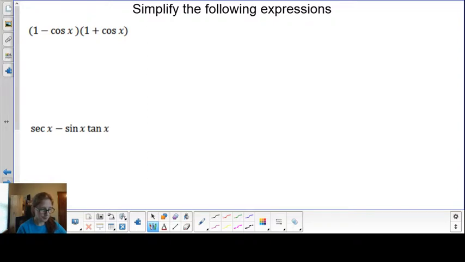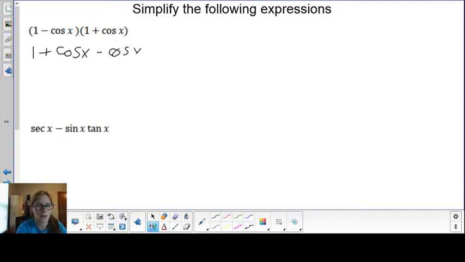Moving forward, we're going to go ahead and simplify the following expressions. So, yes, unfortunately we are going to FOIL. I know, so terrible, so mean, making you FOIL. 1 times 1 is 1. 1 times cosine is cosine. Negative cosine times 1 is negative cosine.